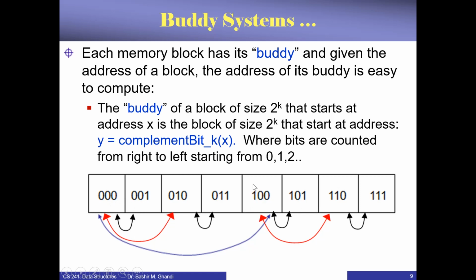You can see from here to the end is another 4 bytes. So this is the body of the first 4 bytes. If you complement this, you're going to get this. So this is the idea of the buddy system. It allows a very easy way to split a memory block into 2 by computing the address like this.